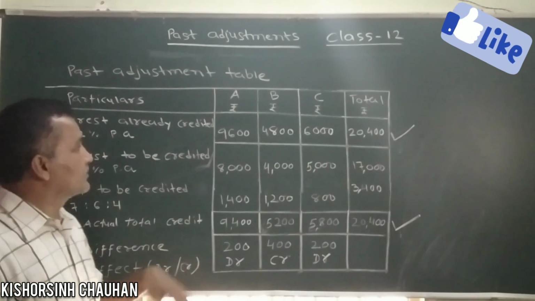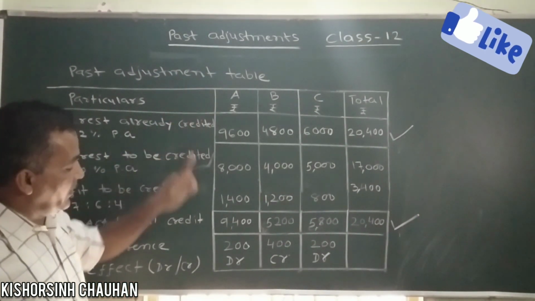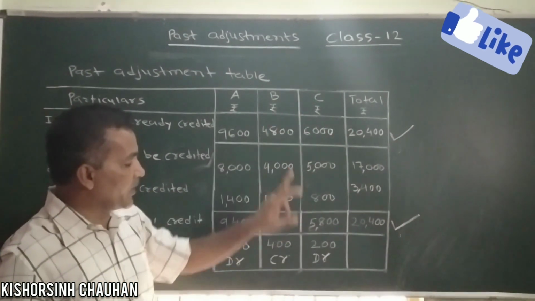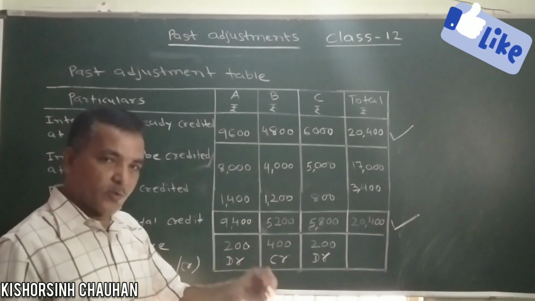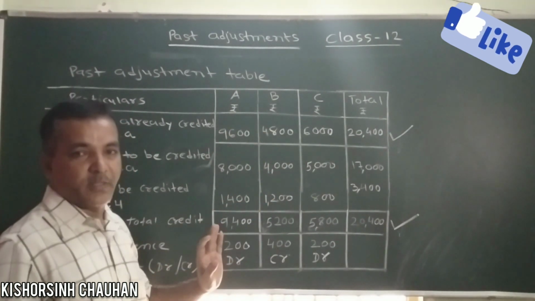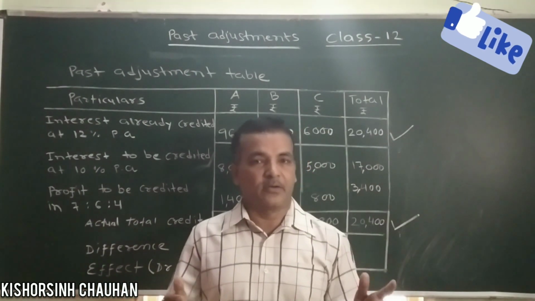So entry will be A's current account debit 200, C's current account debit 200 to B's current account 400. This would be your adjustment entry. Okay.